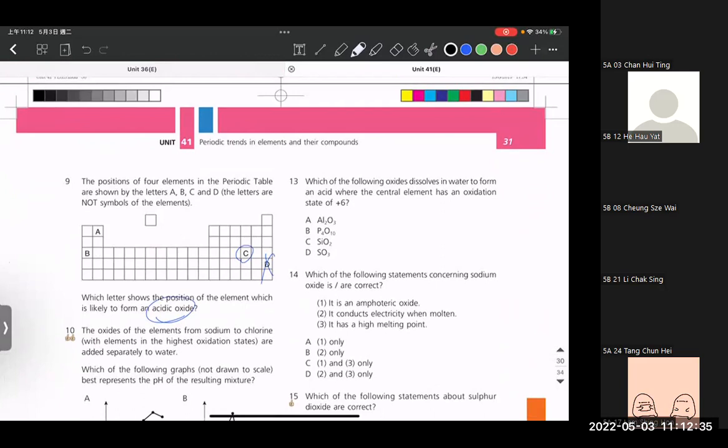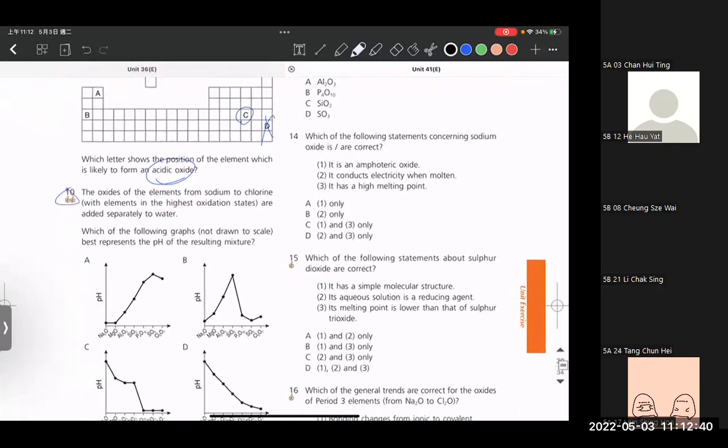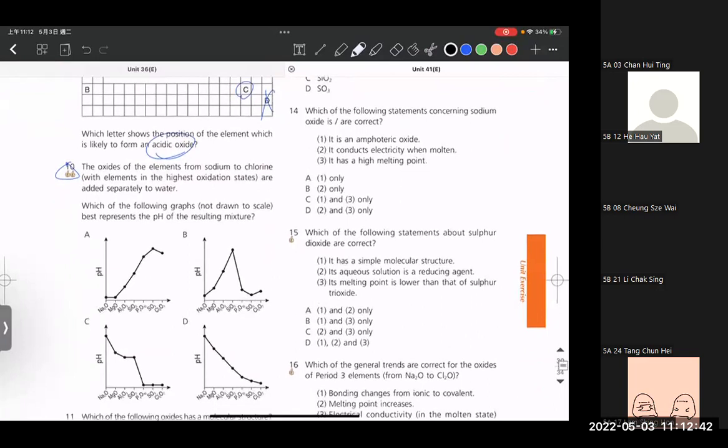So non-metal oxide forms acidic oxide. Just remember. So question 10. I'd like to draw your more attention on this question because quite a number of you chose D. Now remember, the term is added separately to water. Should be noted. Can you see that? Added separately to water. So the answer is C instead. D is wrong. Why? So you may see the two, Al2O3 and SiO2.